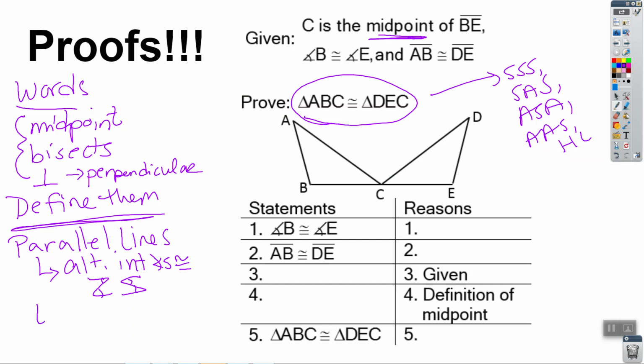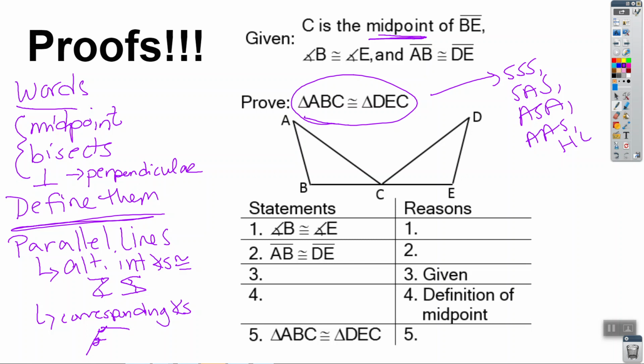The other one is corresponding angles. That means they're sitting at the exact same spot in different angles. Sometimes we refer to these as our F angles because they're sitting in the exact same spot.